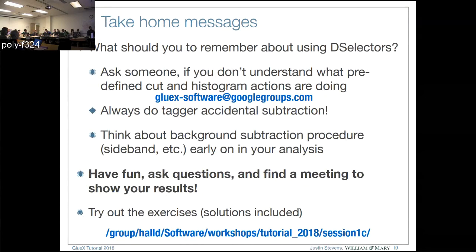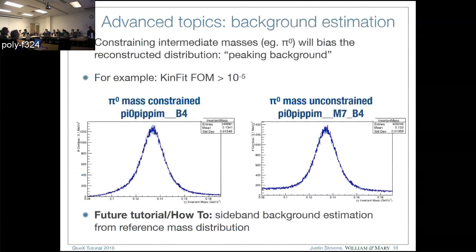That's possible, and we have done that. The advantage to doing that is if you run the pi zero, by default, it puts some loose mass constraint here. So you reject things that are way away from the pi zero peak, cutting down on disk space. But it does a cut without fitting. Do the cut without constraining the mass.